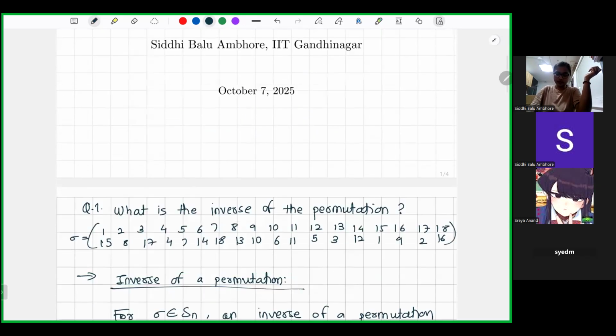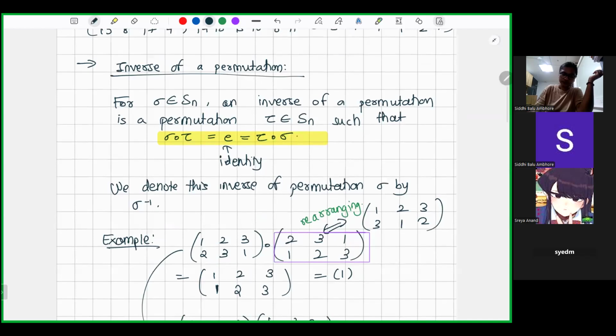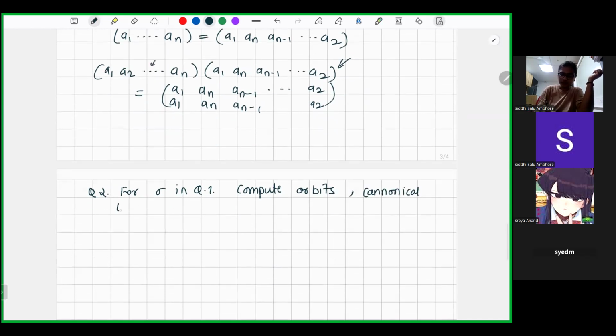And we are asked to check a few more things. For the above sigma, let us call this question 2, it does not matter. For the above sigma, we have to compute orbits. I hope you know what orbits is. This is the canonical cycle decomposition, which we already discussed, and signatures, orders of sigma and sigma inverse.